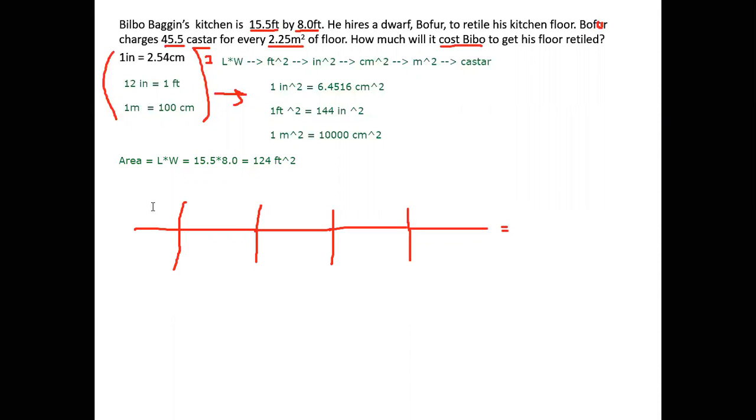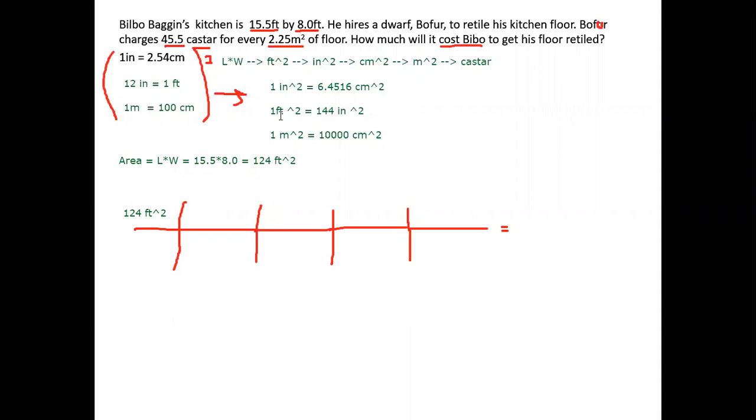Again, we're starting with 124 feet squared. Now the calculator only displays 124, so that's why I only wrote 124. So now we're starting with feet squared. We want to convert to inches squared.